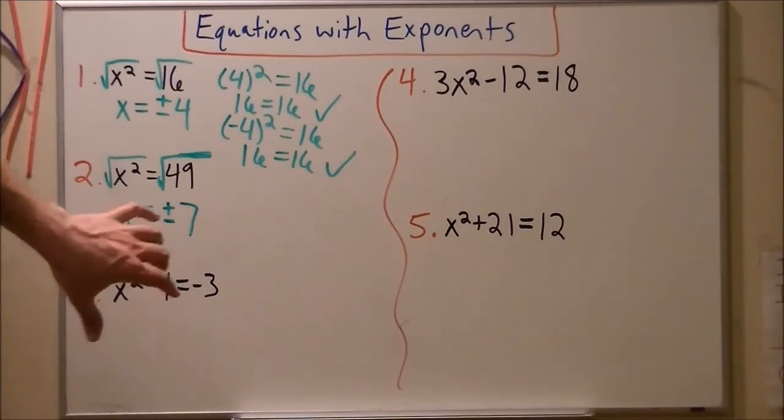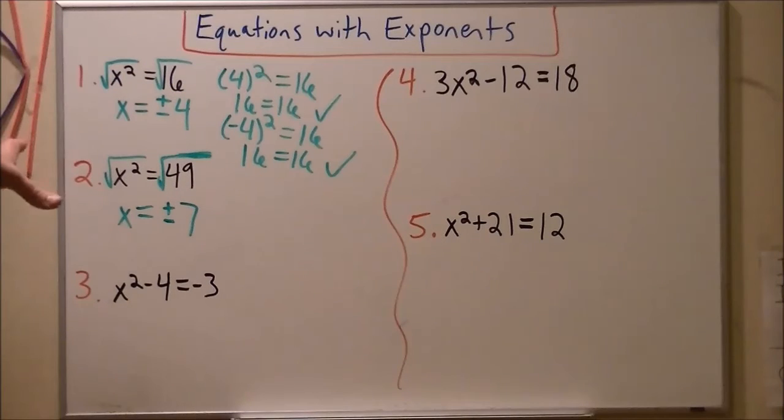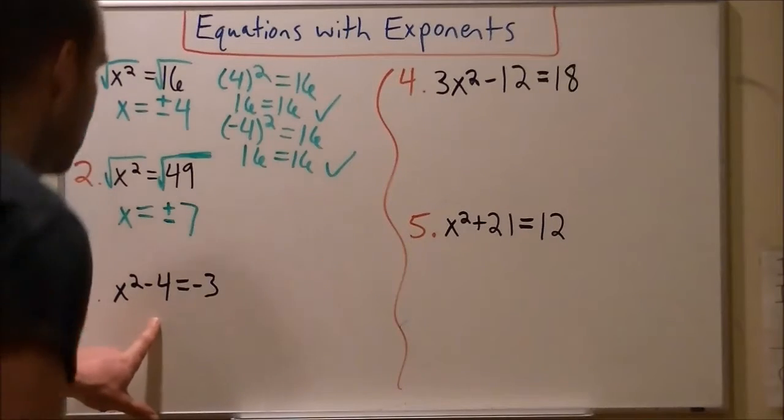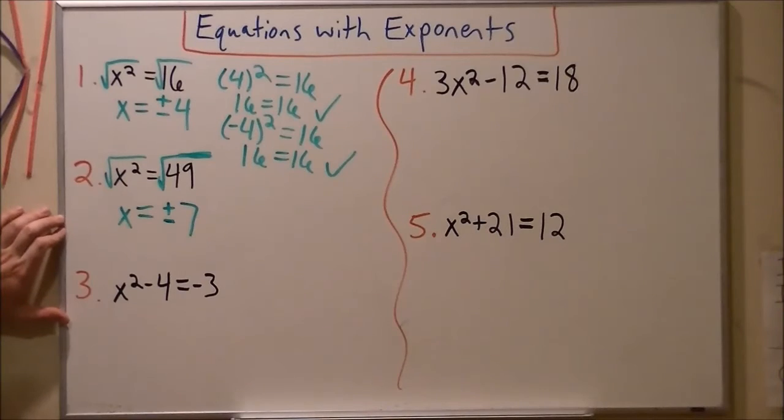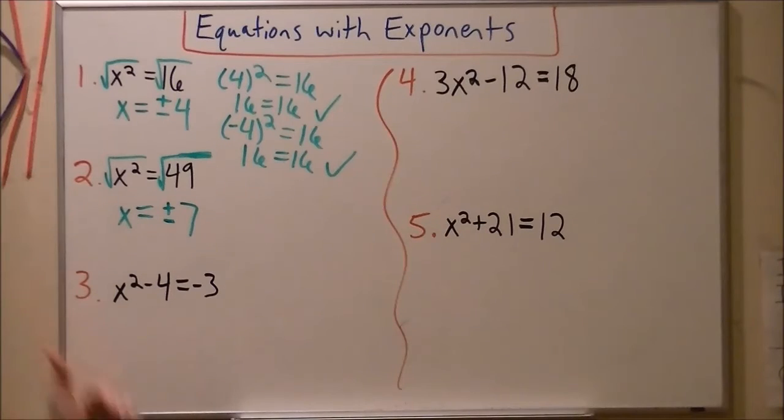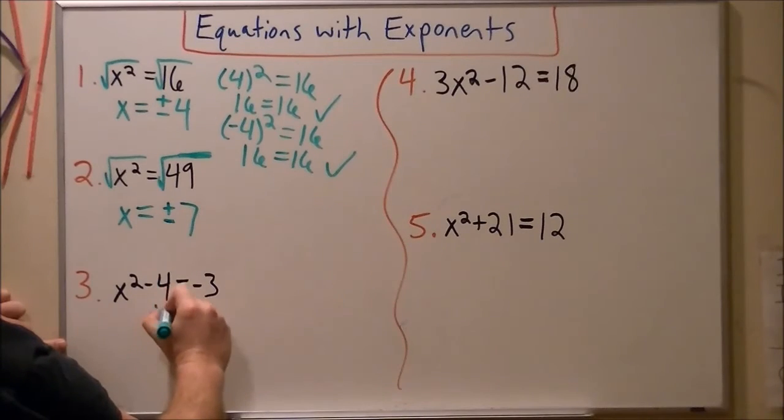I need to isolate or get my x value all by itself on one side. We're comfortable with it being on the left side, so we're just going to leave it there. And what I do to accomplish that is, for this negative 4, I have to do the opposite operation of minus 4. And what would that be? I add 4.